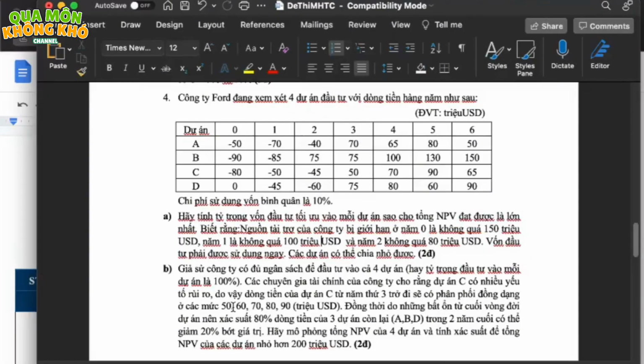In addition, due to instability at the end of the project cycle, there is an 80% probability that the cash flow from the 3 projects A, B, D in the final 2 years is reduced by 20% in value.